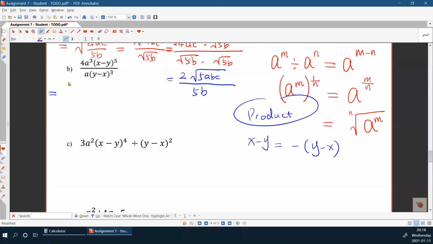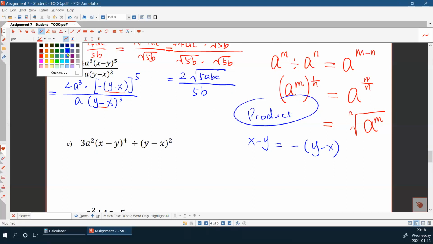First of all, we need to change them to the same base. Then this one is (y minus x) to the fifth power over (y minus x) to the third power, and these two terms are the same. Now you can cancel, right?